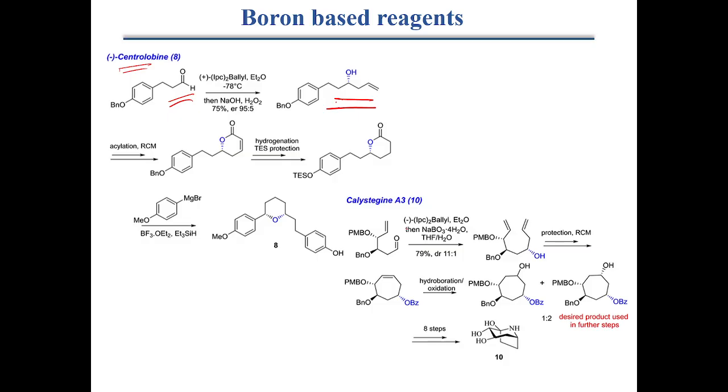In this case also, this minus IPC2 B allyl has been used. The allylation happens, and we get this chiral product. This is in alpha as we are using the minus reagent. So these are general applications for the synthesis of natural products.